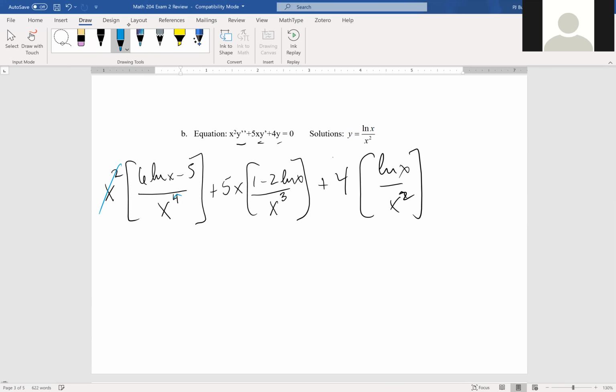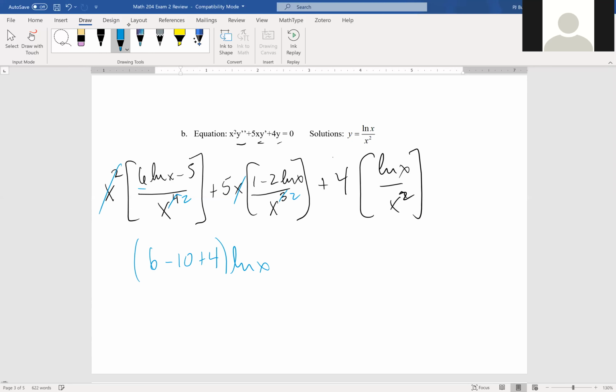So everything is over x squared, so we can forget about that for a minute. Then we got 6 log x. This is going to give me minus 10 log x plus 4. So 6 minus 10 plus 4 all times natural log x.